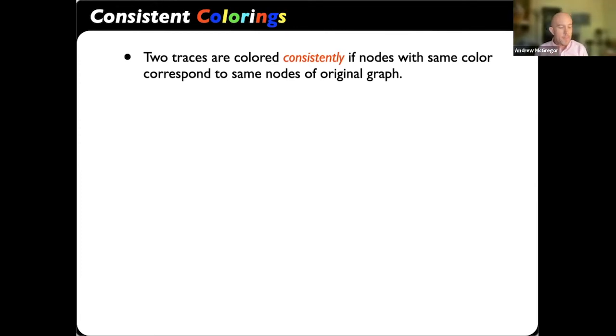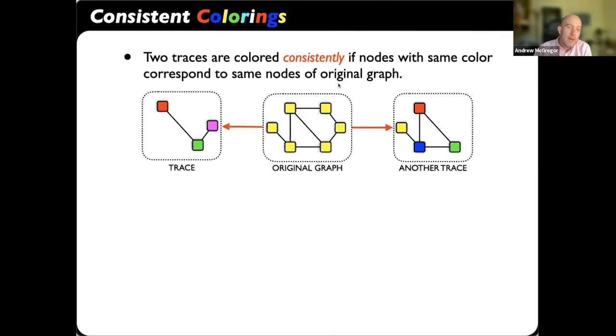I mean that if a certain node U is present in trace 1 and trace 2, I'm going to color the instance of U in trace 1 and the instance in trace 2, and it's a consistent coloring if the colors are always the same. If the two nodes in the two different traces came from the same original node, they should get the same color. Again, for the sake of a picture, here's the original graph. Let's say these 3 nodes survived in the left trace, and these 4 nodes survived in the right trace.